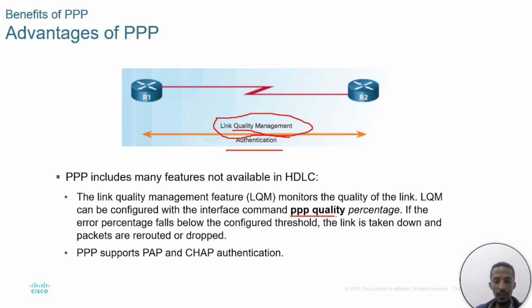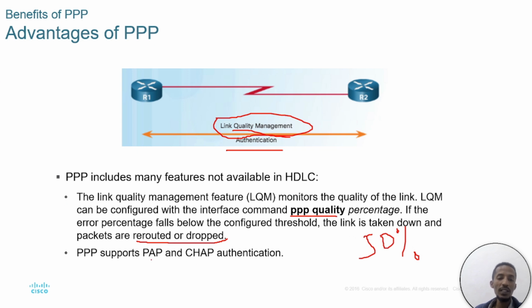The quality can be configured using a percentage. Based on this quality, if your link does not reach the recommended level, packets can be rerouted or dropped. So if you say 50% quality, and the packet does not reach this 50% quality, the packet will be dropped. So this is a minimum requirement.